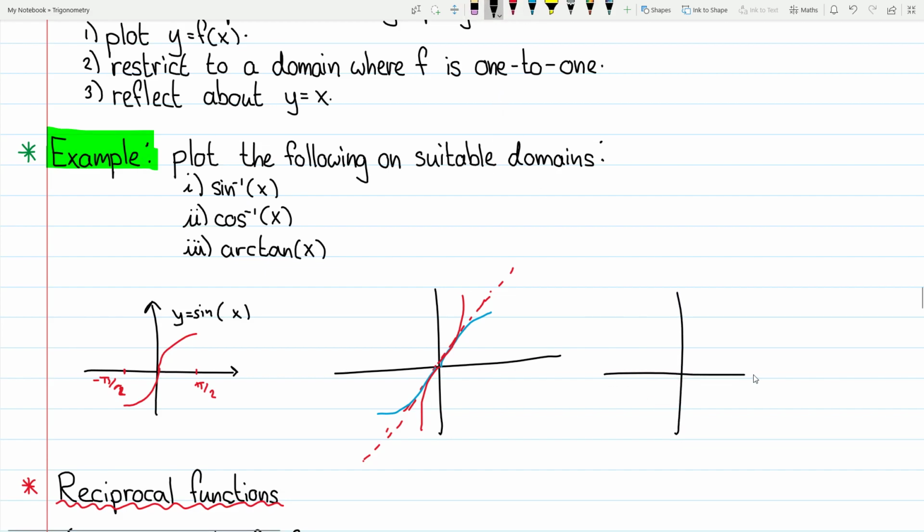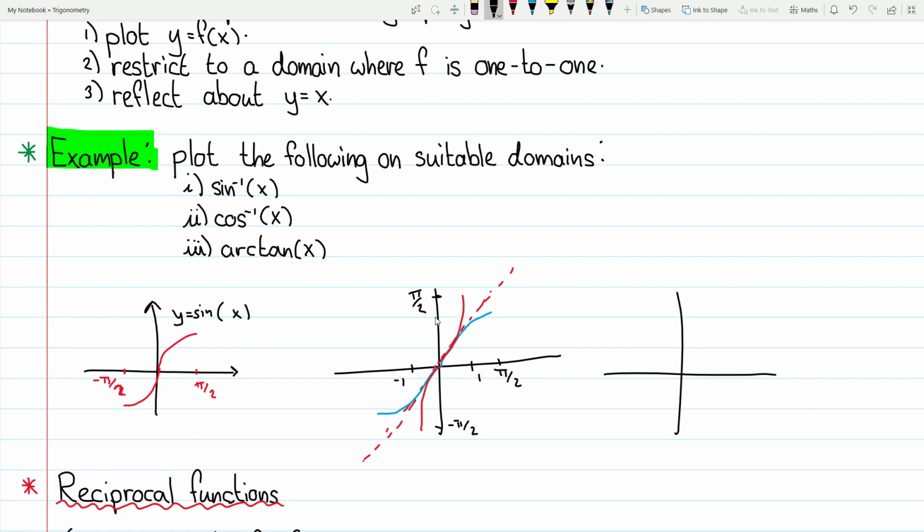Notice how this is now pi on 2, and this is negative pi on 2, and this is 1, this is negative 1. Why? Because this is precisely what the reflection is. Sine goes up until pi on 2, and that's the domain in which it's one-to-one. When you make this reflection, this becomes the height.